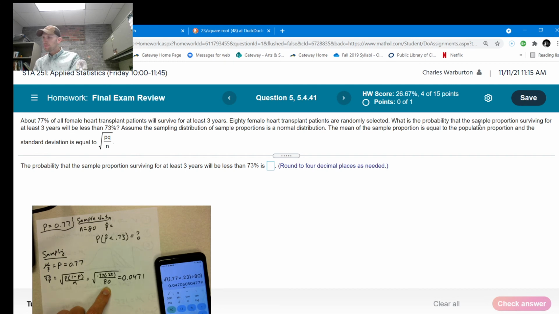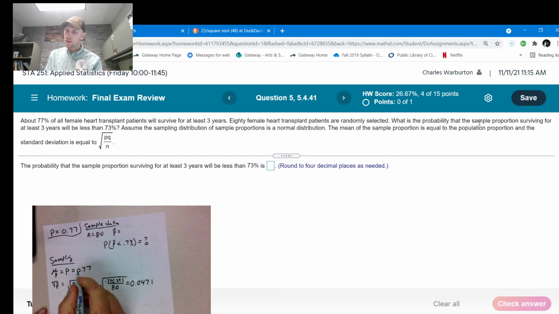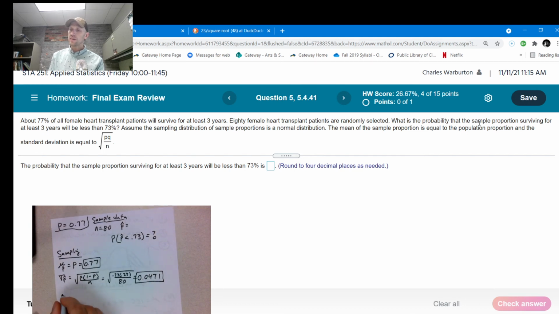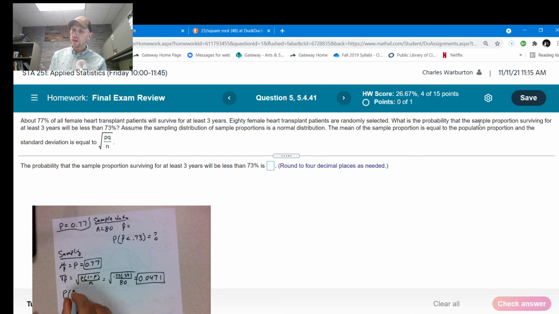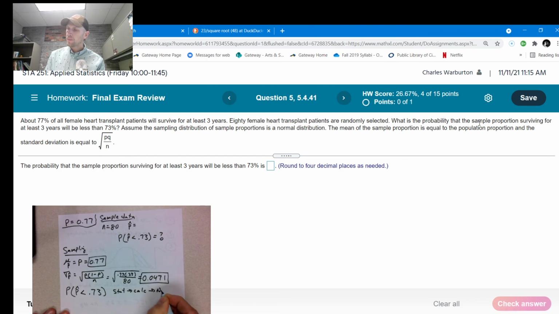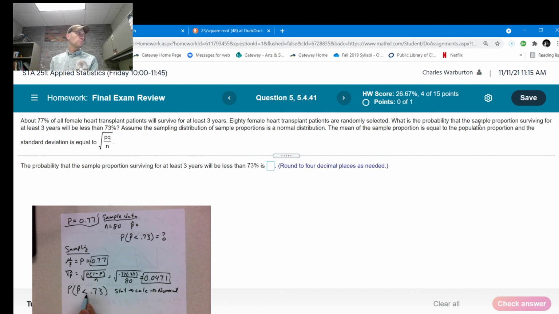Okay. All right, so I got the mean for the sampling distribution. I got the standard deviation of the sampling distribution, and now I can find the probability that I want to find, the probability that it's less than 0.73. Where do I go? I go to Stat, Calculator, Normal, and then put in these values, the mean, standard deviation, and probability.